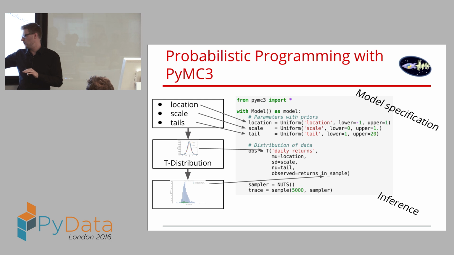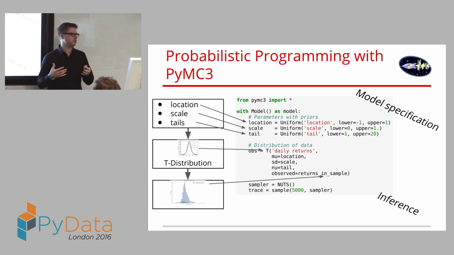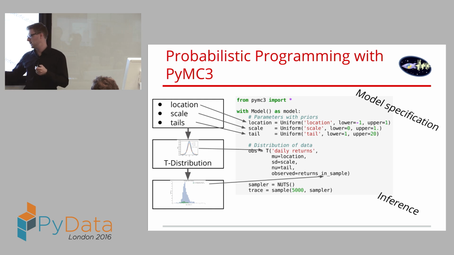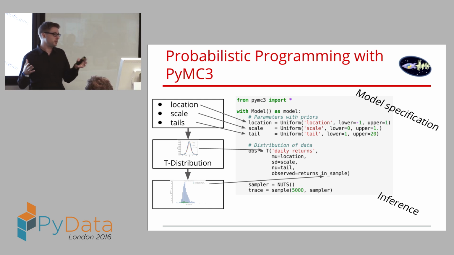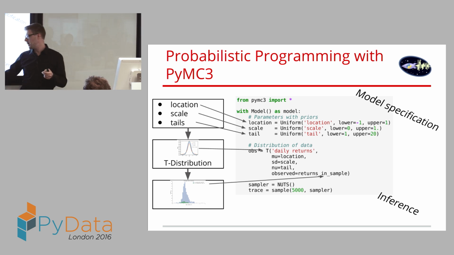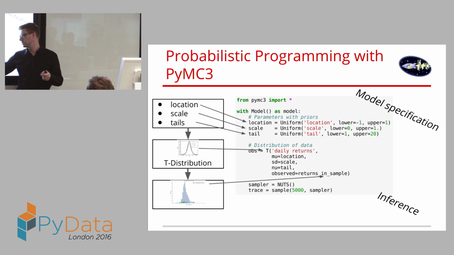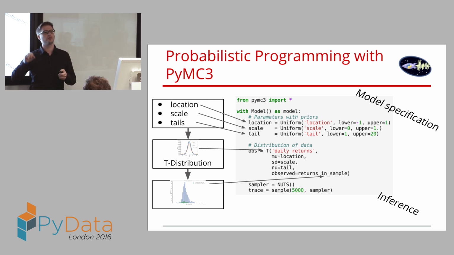What has really given this field a huge boost is this new class of samplers called Hamiltonian Monte Carlo, and NUTS is one of those. Those work much better on extremely complex models. And that's the main reason why we wrote PyMC3, to be able to use this new class of samplers. Then you just draw 5,000 samples, and that will turn the Bayesian crank and solve what we've given it.